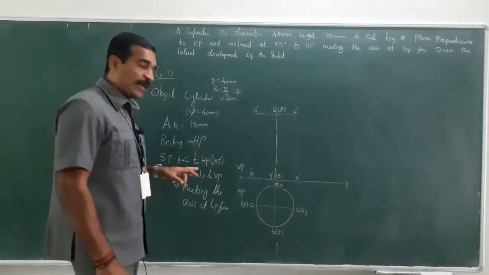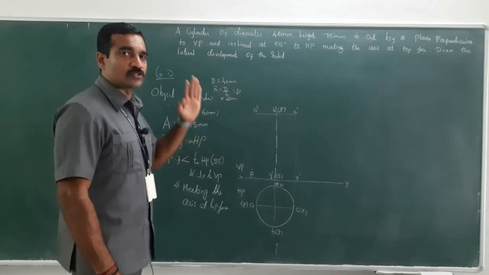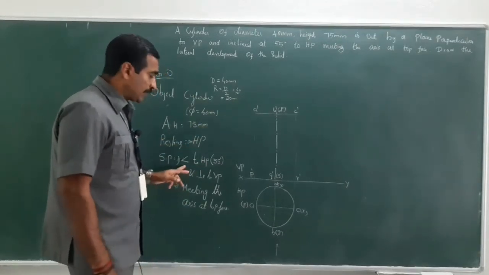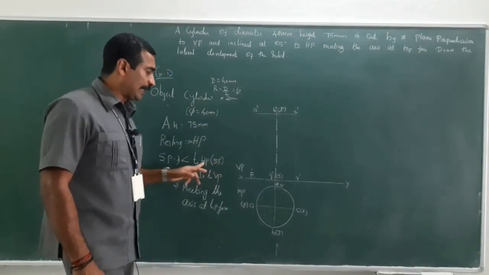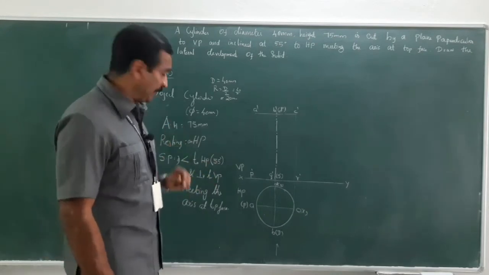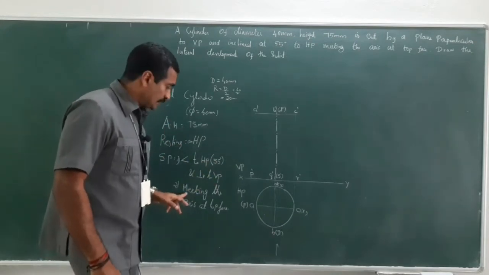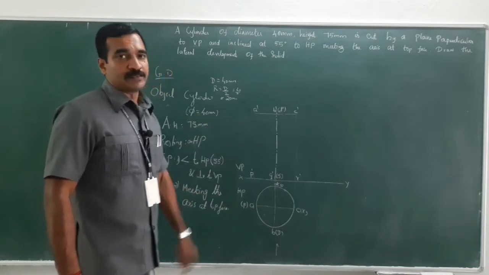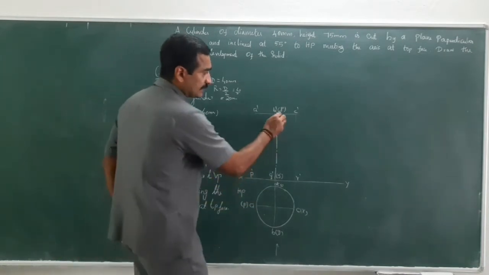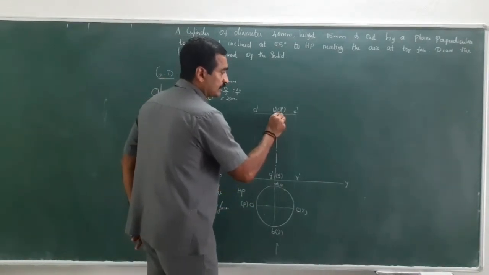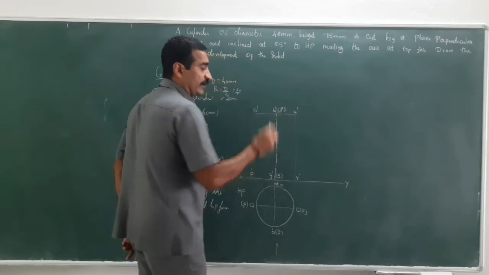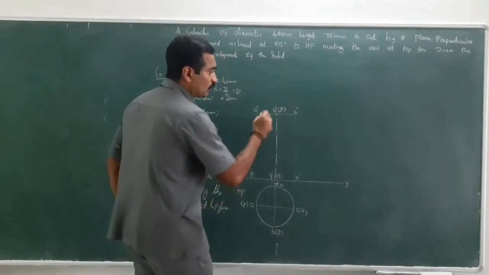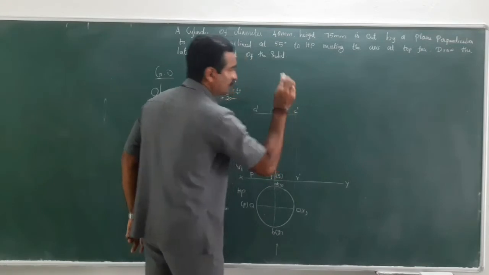Now a cutting plane is used to cut this object at 55 degree inclined to HP and perpendicular to VP. Moreover, it's meeting the axis at top face. This is the axis, where it is meeting the top face, right? What you have to do is keep the protractor in this manner.